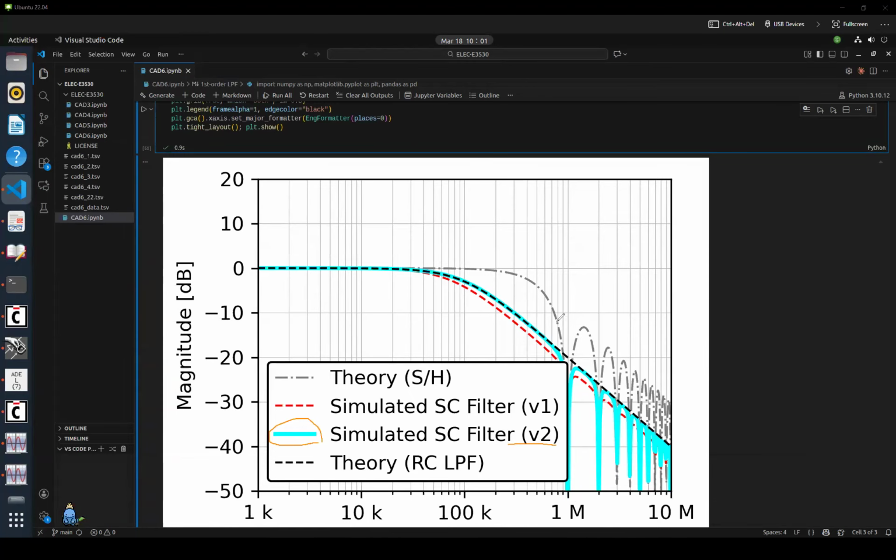Except for the sample and hold theoretical expectation, and the red line deviates a bit here. So this was the discussion of lecture 7 and lecture 8 about calculating the exact transfer function of a switched-capacitor filter and CAD exercise 6. Okay, so this is it for today's lecture.